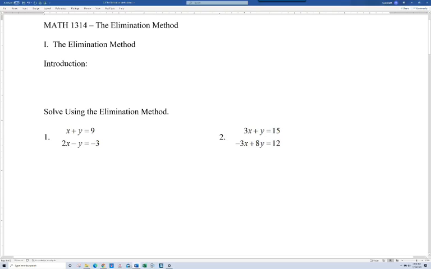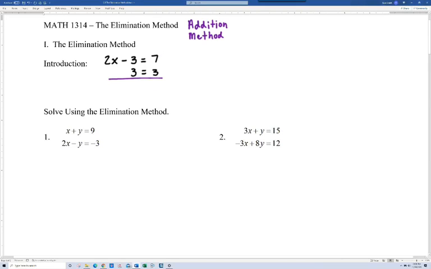So first of all, I want to show you where the elimination method's coming from. And by the way, we also call this the addition method, and you'll see why in just a minute. So if we had the equation 2x minus 3 equals 7, and how about the equation 3 equals 3, what if I were to add the left sides of these two equations and the right sides of these two equations?